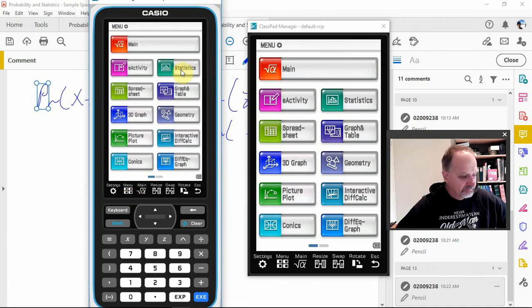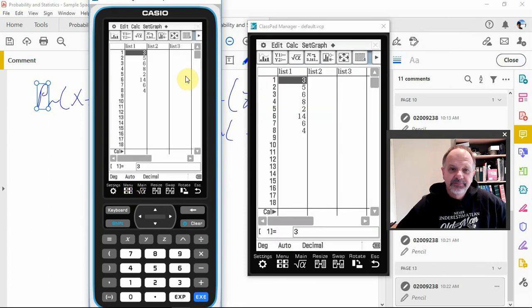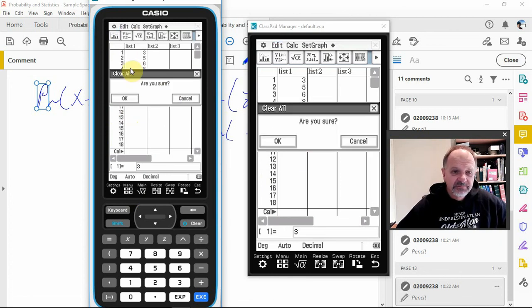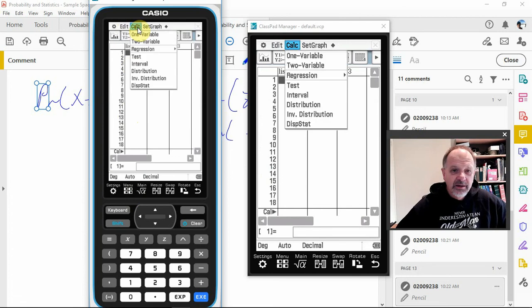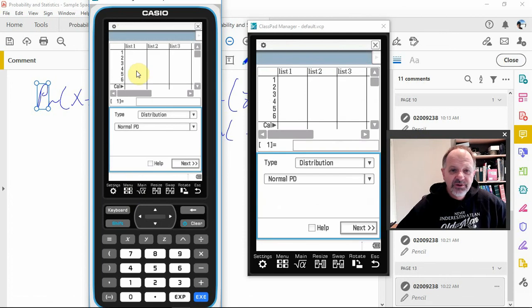Menu, statistics. Let me clear all that stuff. Calc, distribution. What do I want to do? I want to calculate something to do with a distribution.